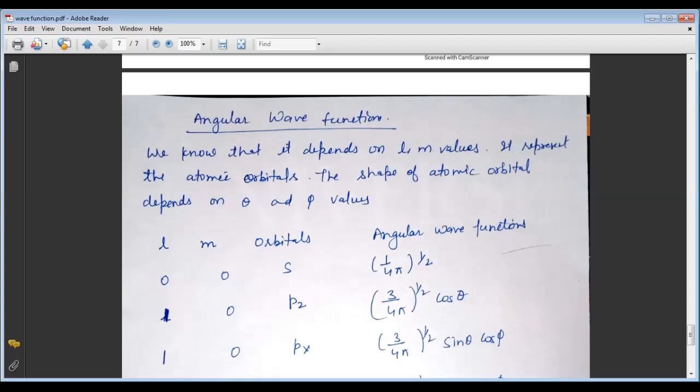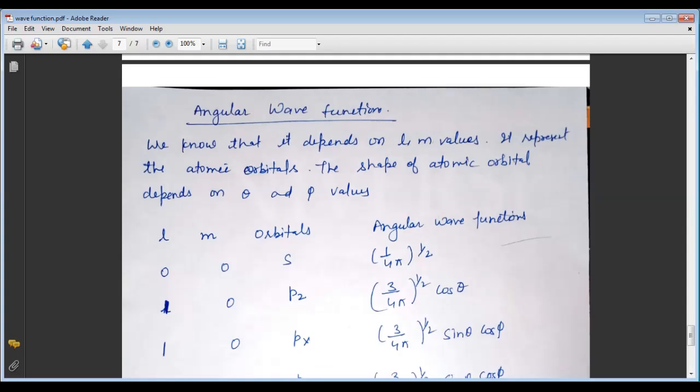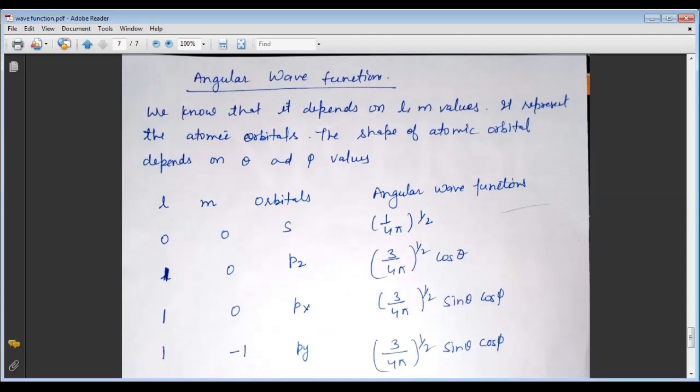If l is 1 and m is 0, it is the pz orbital, and the angular wave function is under root 3 upon 4 pi cos theta. Then for the px orbital, the angular wave function is under root 3 upon 4 pi sine theta cos phi, so it depends upon sine theta and cos theta.